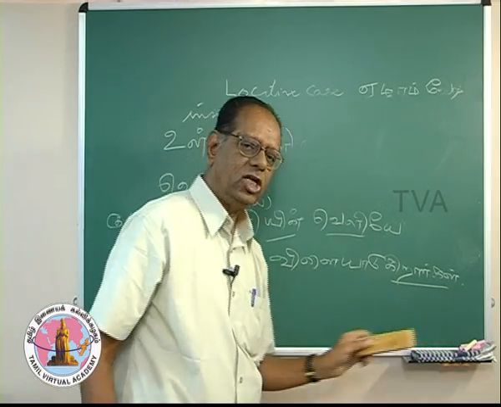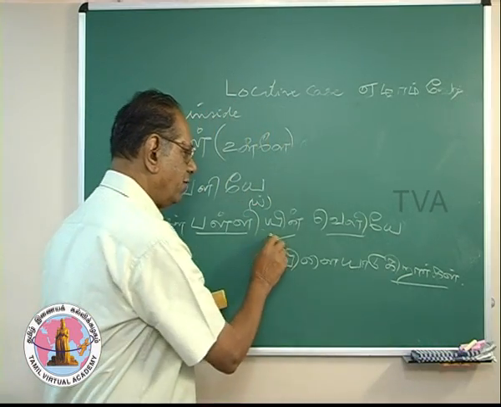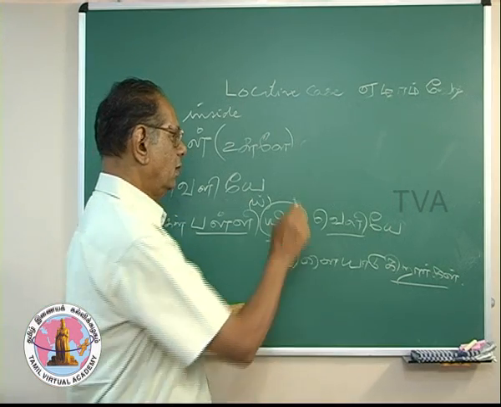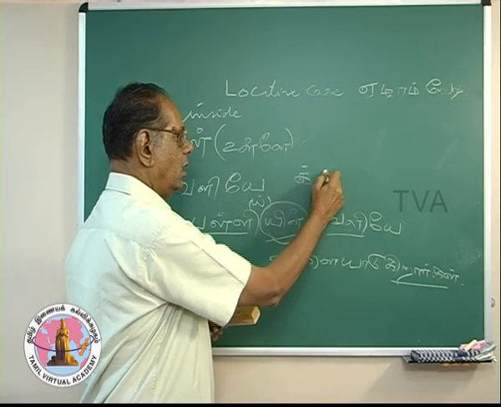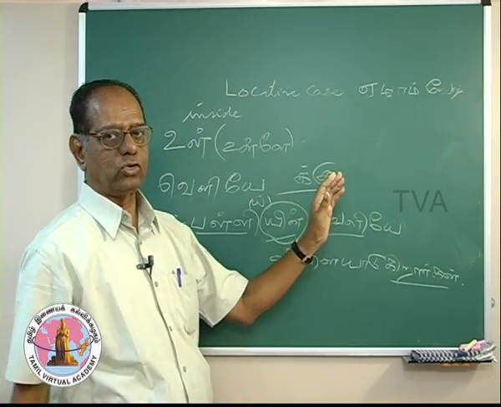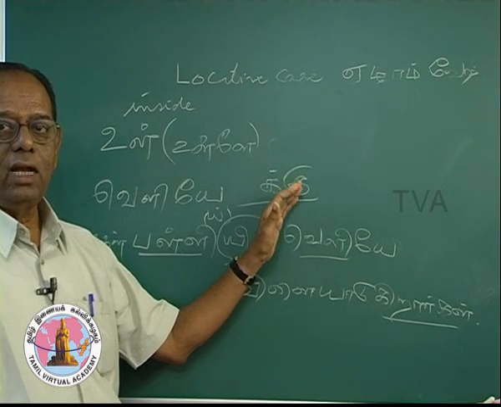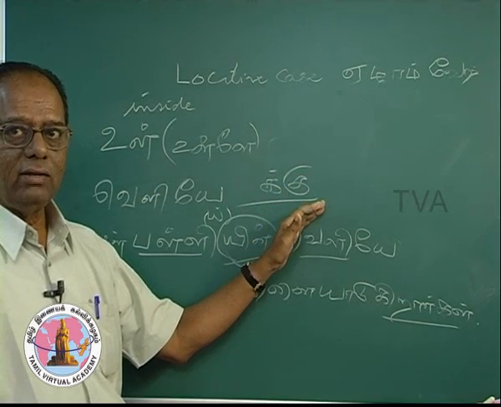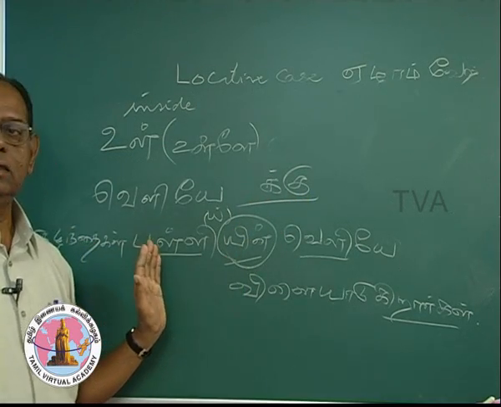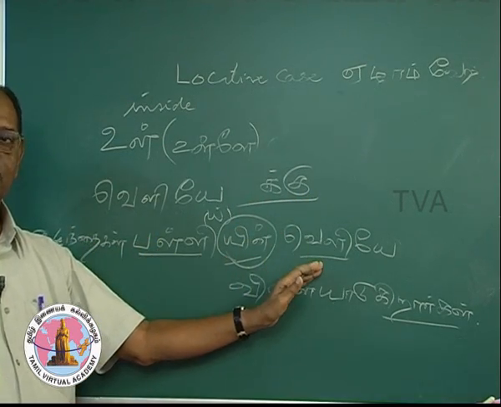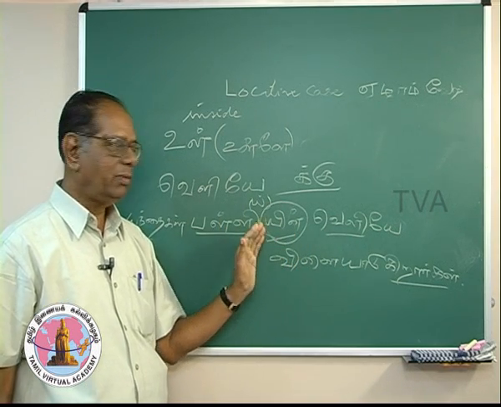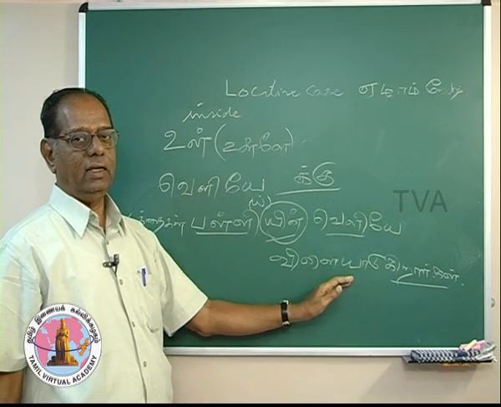Nowadays there is a change. Instead of in, the dative case marker is also used. Here it is not a marker of the dative case, but only a suffix to add the word and the case marker. Instead of பள்ளியின் வெளியே, nowadays people write பள்ளிக்கு வெளியே.